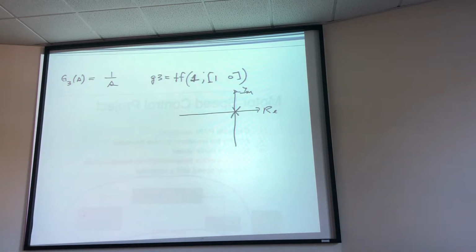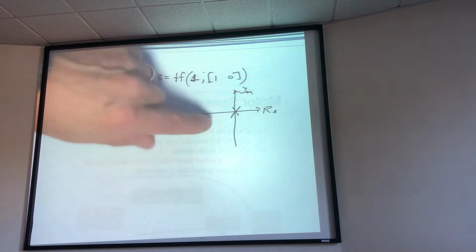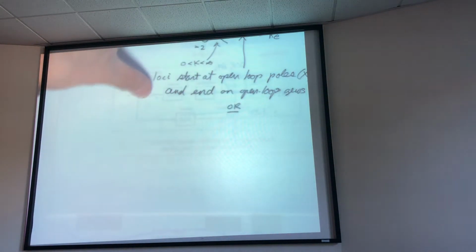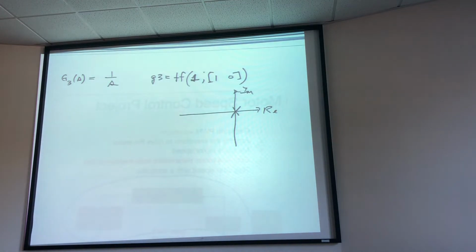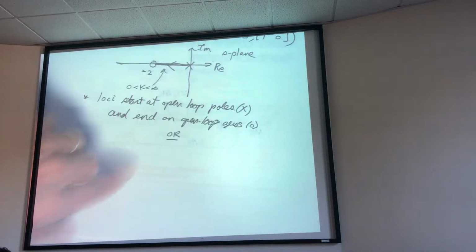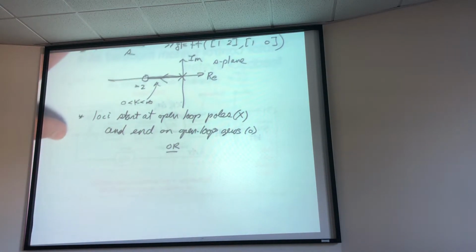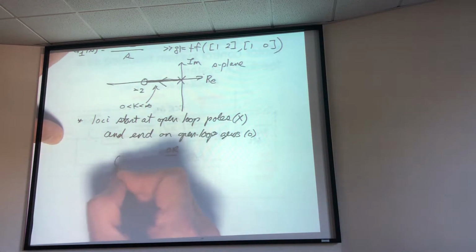The generalization, we saw it before, is that the loci should start at the x's and end on the o's. There are no o's. So when I said "or" earlier, what is the "or"? The "or" here is they go off the page.